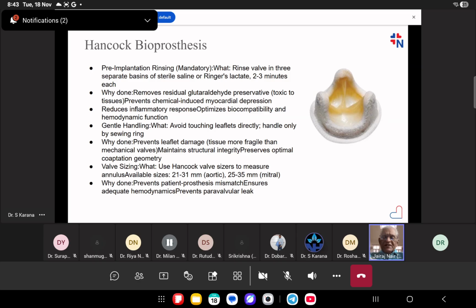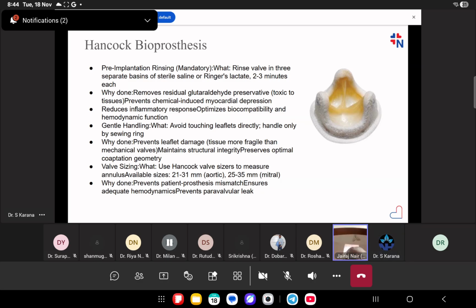Why didn't you mention anything about the Mitris Resilia and the Inspiris Resilia? Yes, sir. By far, it's the most costly valve available, sir, and we also utilize that valve here. Okay. But it's supposed to be very good in literature, I saw. Yes, sir. It is promising at least 15 years of durability.